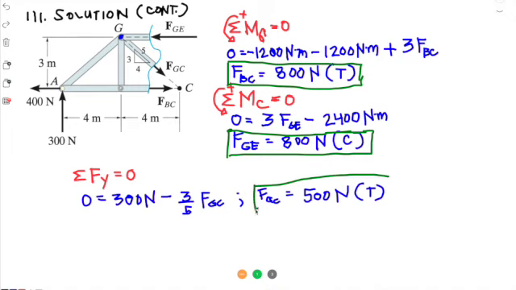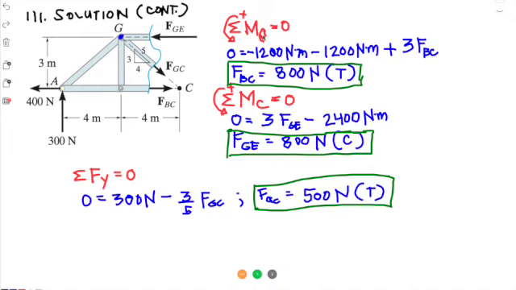So it all starts with drawing the correct free body diagram, and then properly identifying how many support reactions there are, and calculating the support reactions, and cutting your truss into segments, and applying your equilibrium equations. So since there are a number of joints, it should be according to your analysis, where you will do the summation of moments, where you can develop equations with one unknown. That unknown should be what is asked in the problem.